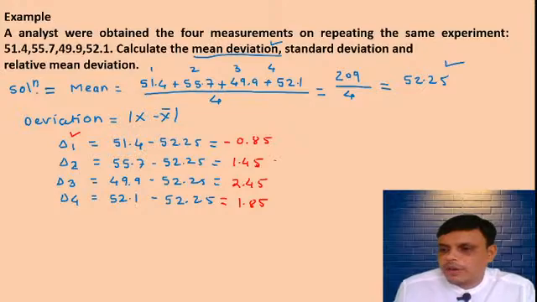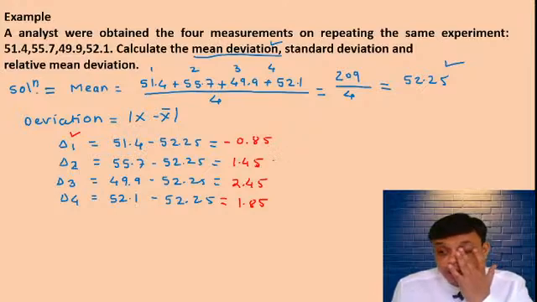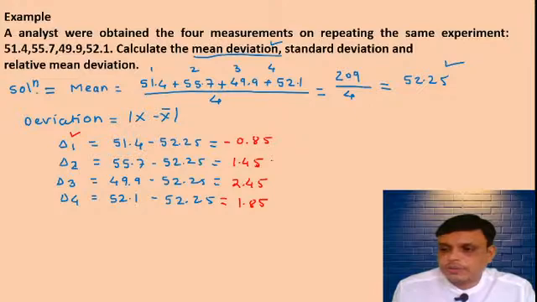Are you getting me or not? Is it understood? Yes or no? So it is the deviation for all these 4 sets. Yes or no?